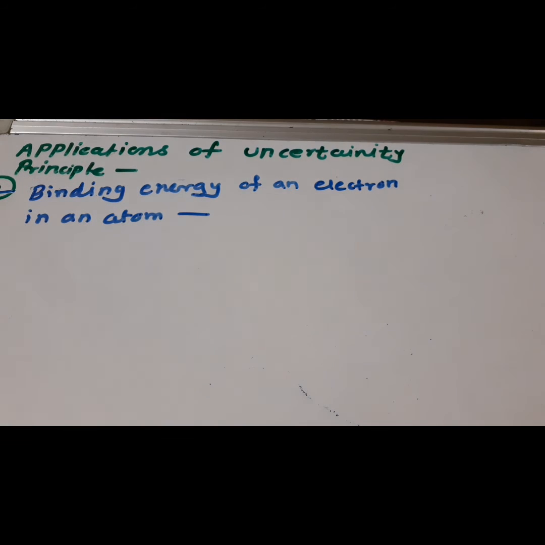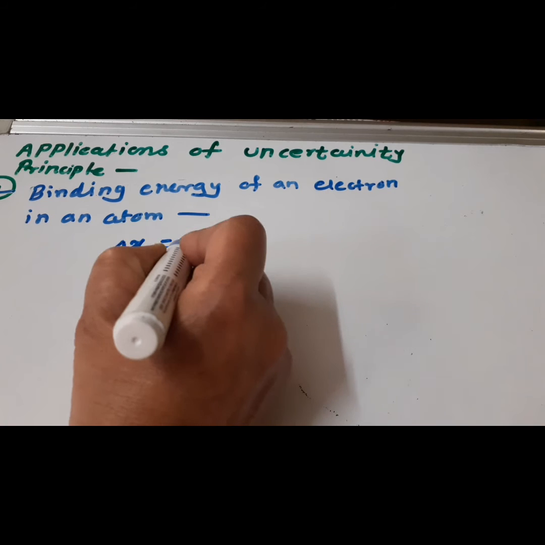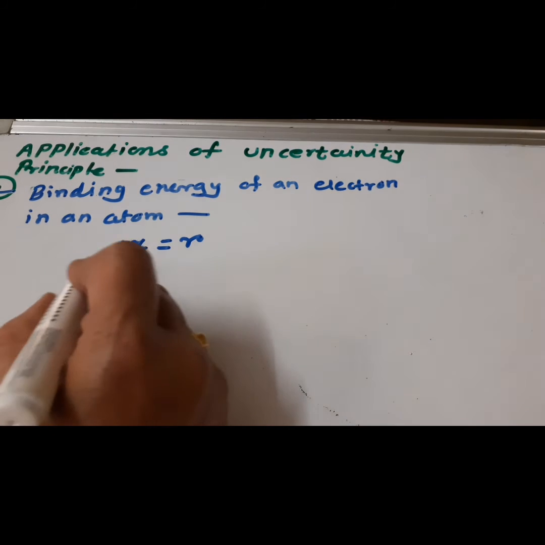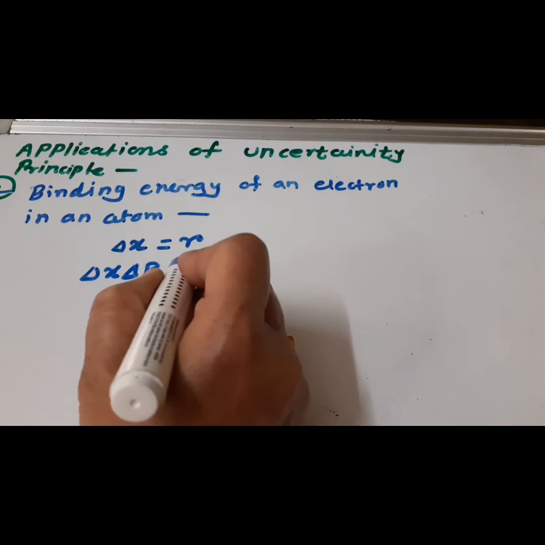Consider the electron revolving round the nucleus of an atom in an orbit of radius r. Therefore, there is the uncertainty in its position that can be written as delta x is equal to r. Now, according to the uncertainty principle, we know that delta x delta p is greater than or equal to h cross by 2.